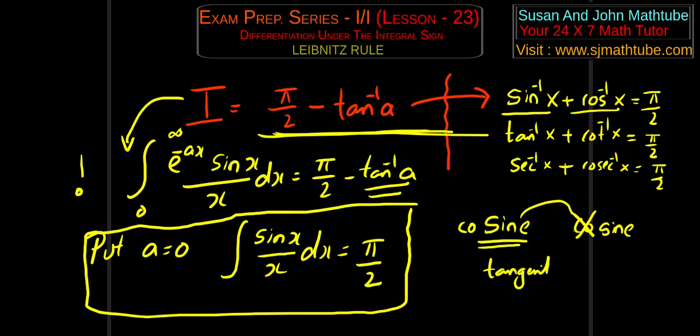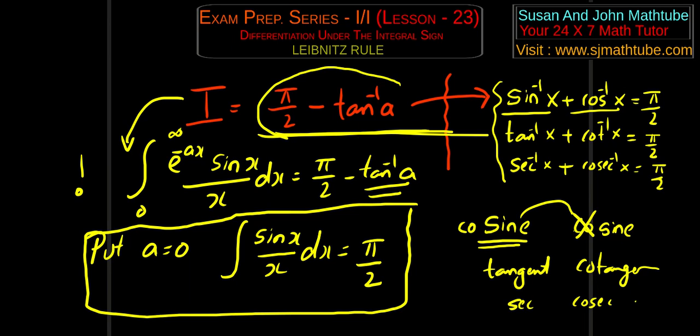Tangent and cotangent, tan and cot, are also co-functions. Sec and cosec are co-functions. So that gives me a better answer. So tell me, what is pi by 2 minus cot inverse A, or pi by 2 minus tan inverse A? The answer is cot inverse A.